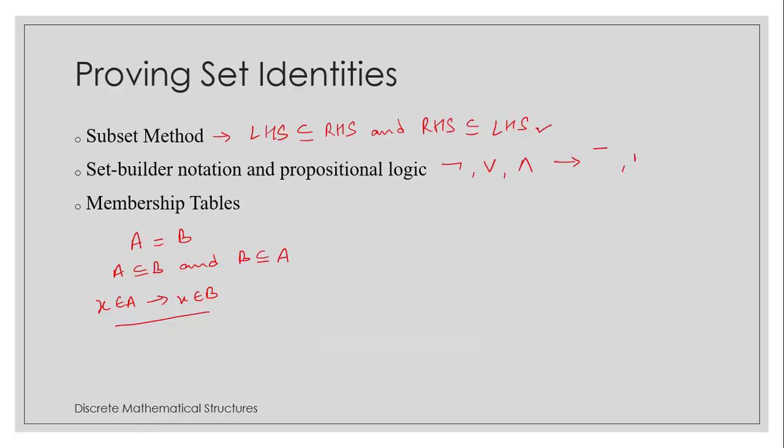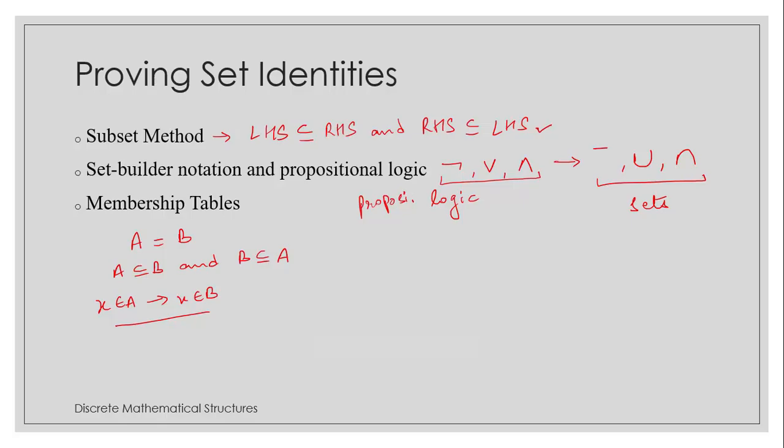Then we have union. Union corresponds to or, and then we have intersection corresponding to and. So when we are talking about propositional logic, then we use these symbols, and when we are talking about sets, then we use these symbols.